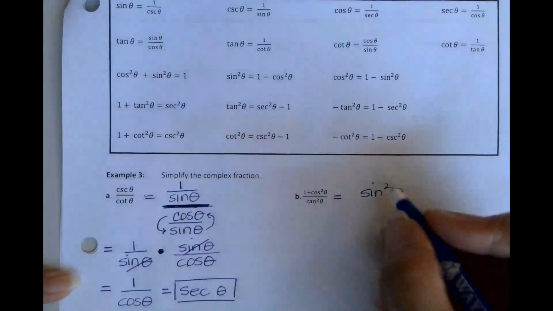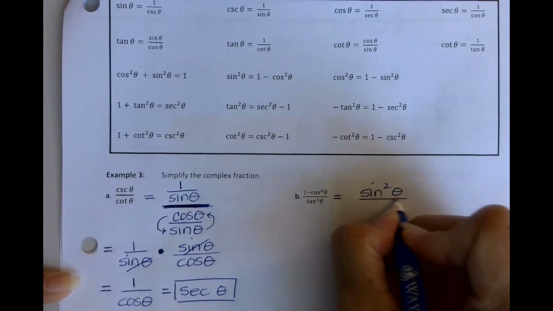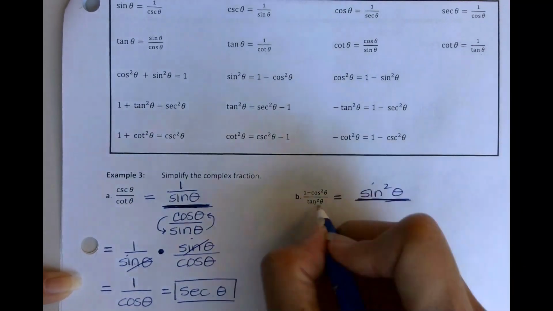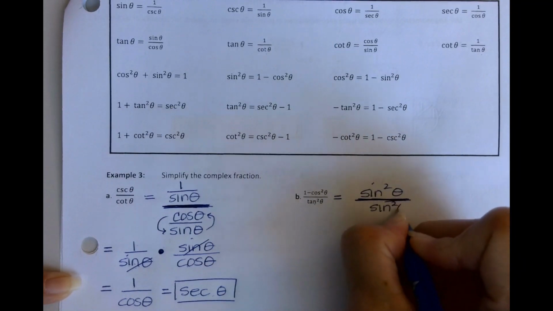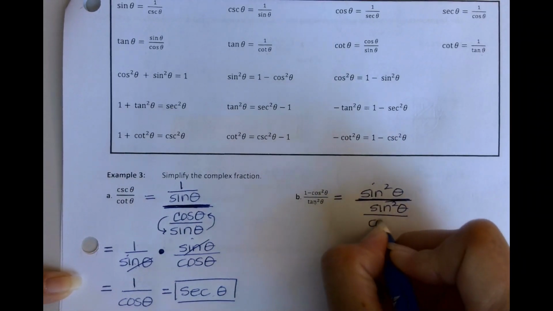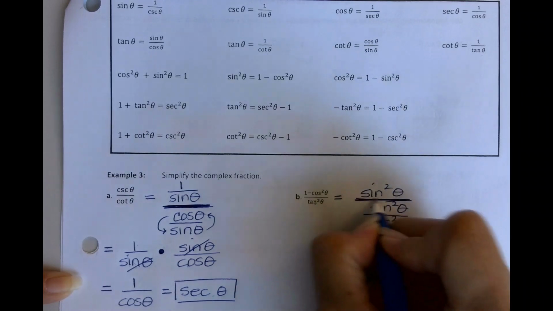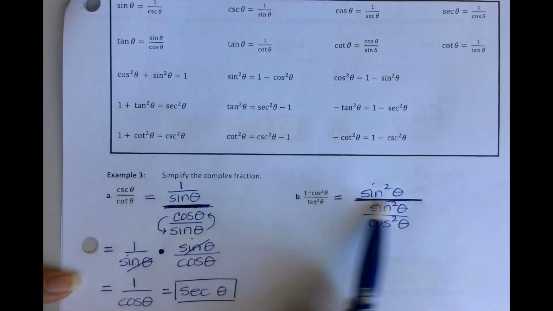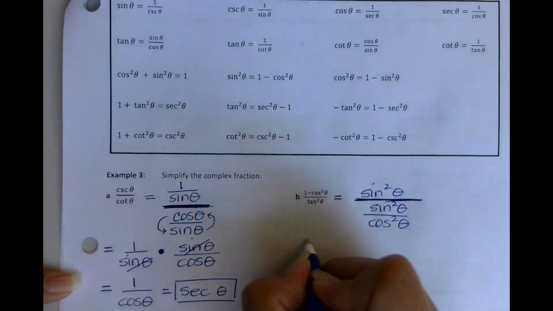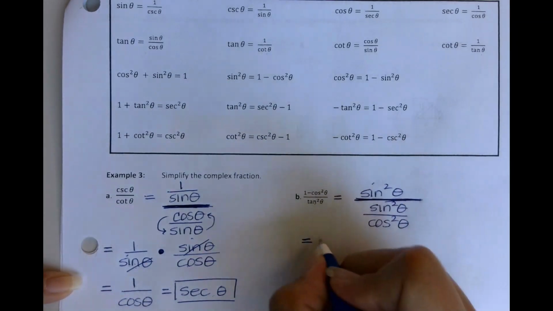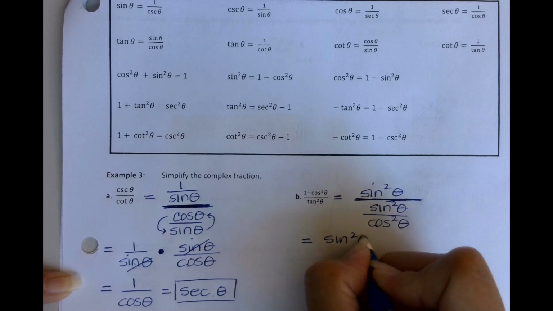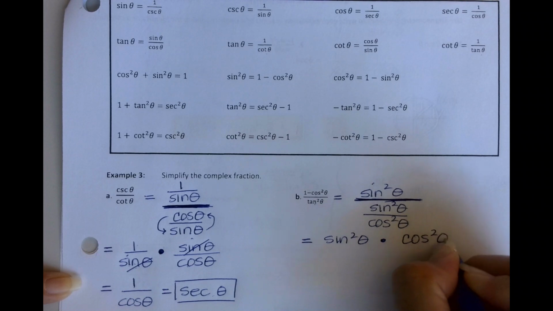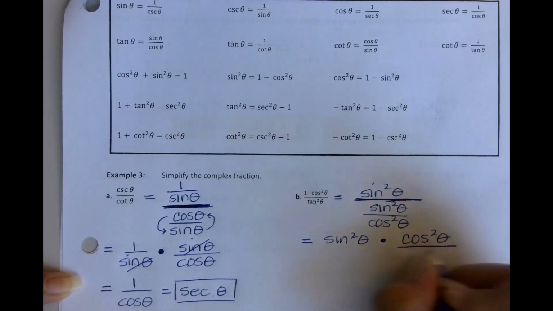Now I'm going to pronounce this right here, because I know this is the one that I'm going to change. That's going to be sine squared theta over cosine squared theta. I'm going to make this a little longer. I do that to help you remember the keep change flip notion. So we're going to keep the upper value above the darkened bar, change the darkened bar, and then flip the fraction below the darkened bar.